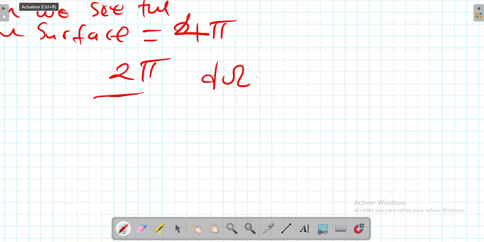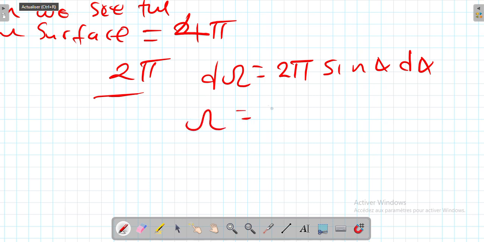Finding the elementary solid angle has a lot of work to do. This will be equivalent to part of your homework. So the expression was this. Then you just integrate. When you integrate, you find that you're going to have 2 pi (1 minus cos theta), as a function of theta.